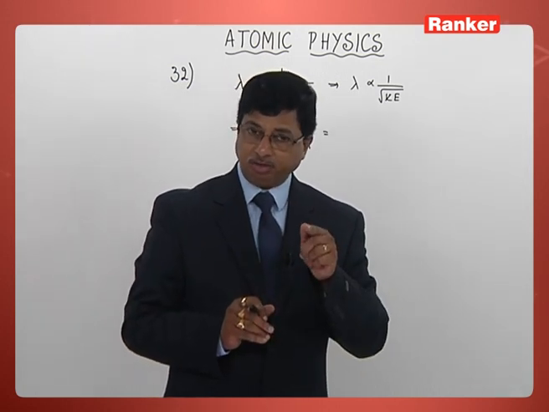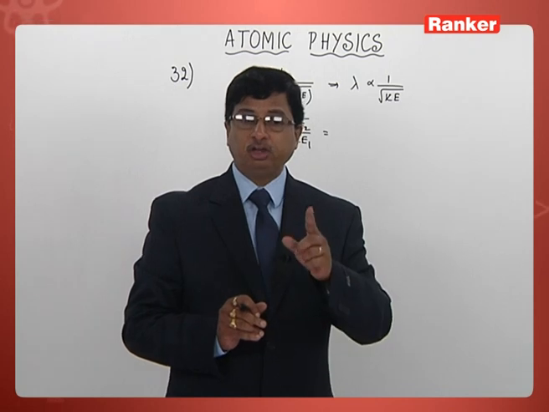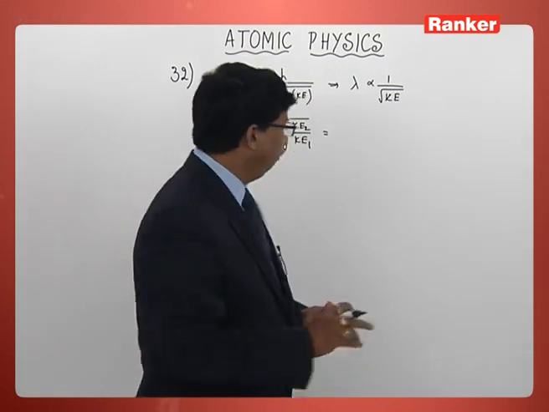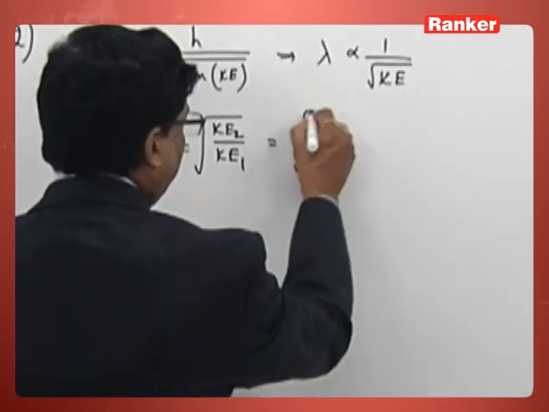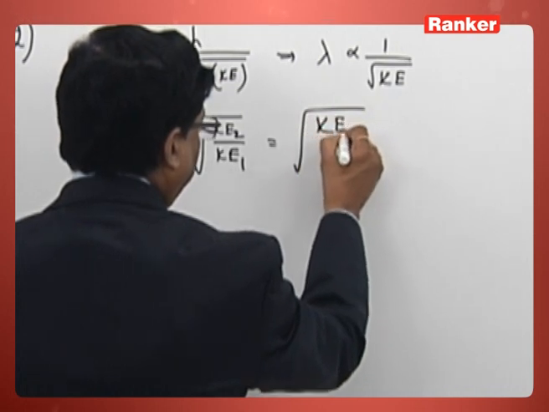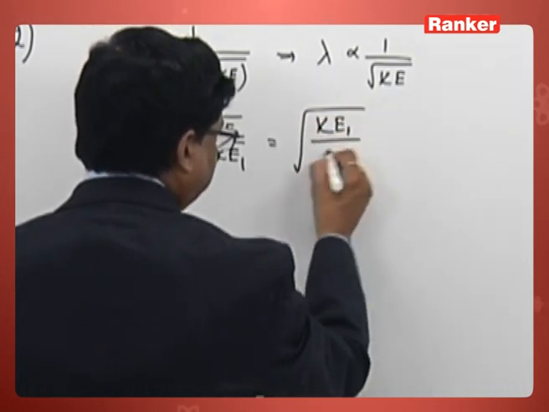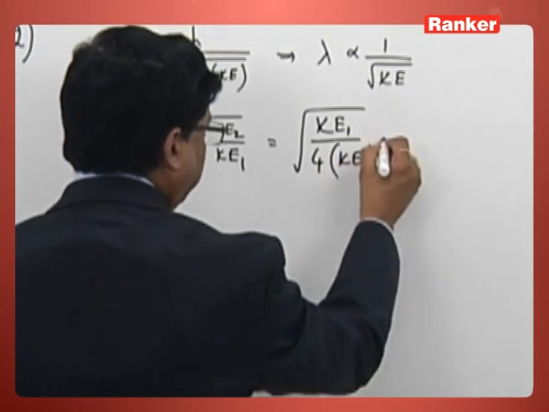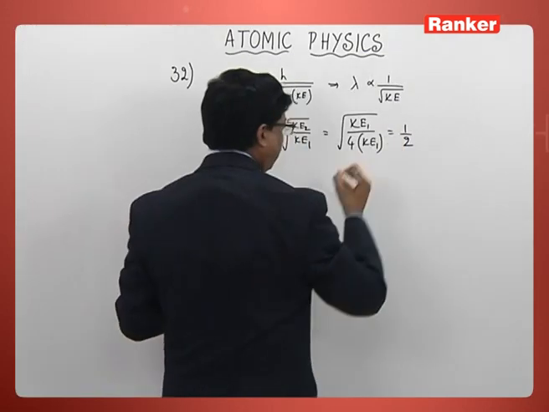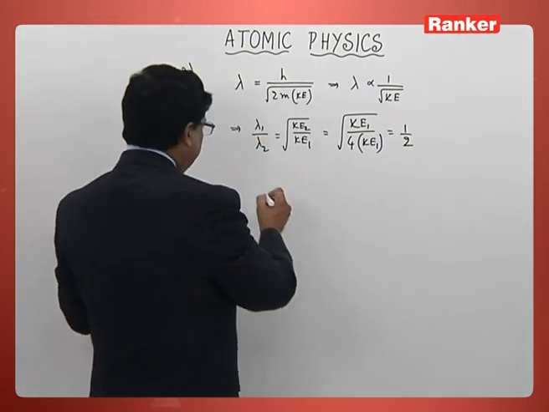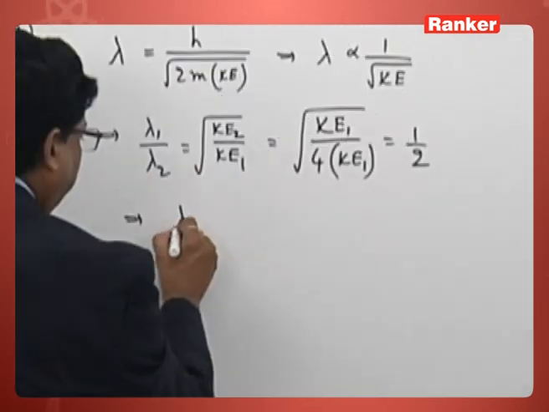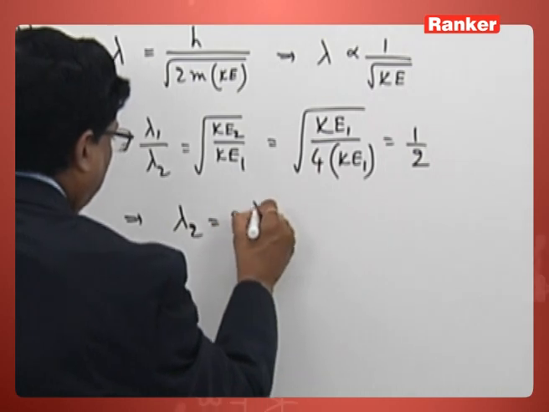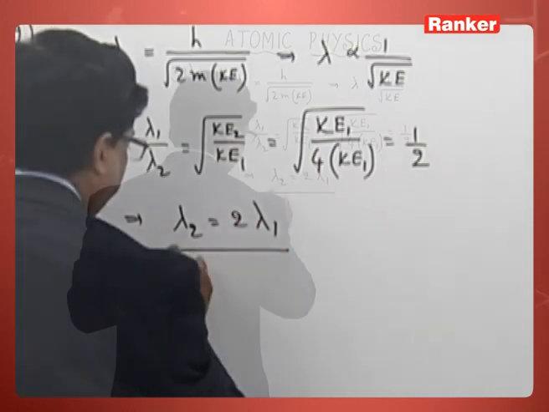But here he is giving it very clearly: it is reduced to 1/4. So we can write Ke2 as Ke1 by 4. Into this, Ke1 will be as it is in the denominator. So that now becomes half. Then what will this value lambda 2 be? It is twice lambda 1.